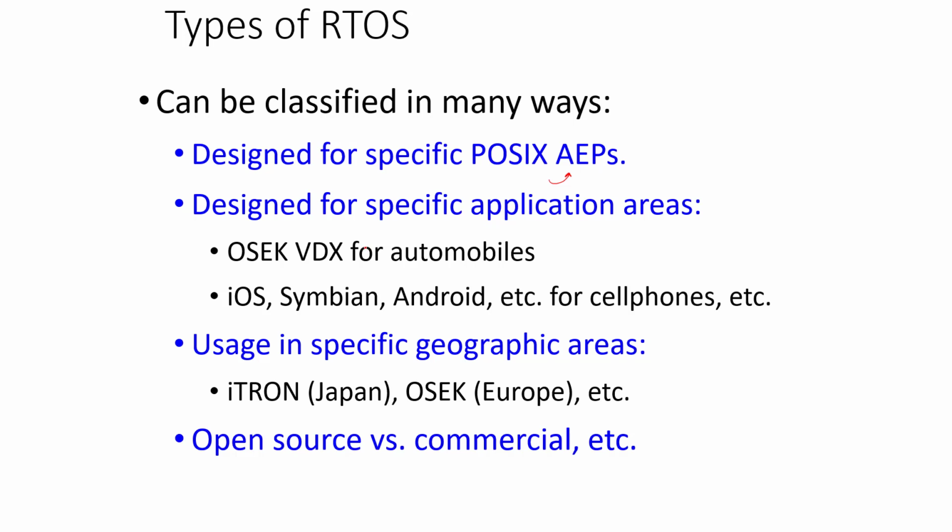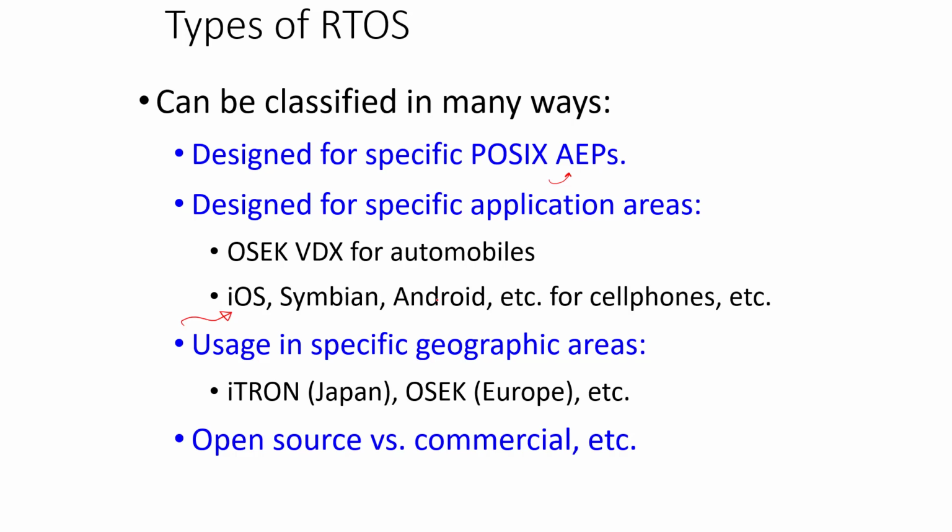So we have the VDX for automobiles, Symbian, Android, etc. You know, iOS. These are, even though general purpose mobile phone operating systems, they do have real time characteristics, in the sense that phone or video, etc. are real time applications, right? They have real time requirements associated with them, and this is why it is important to look at them at least as soft real time operating systems.